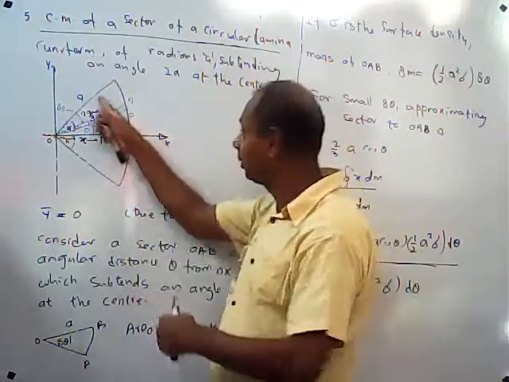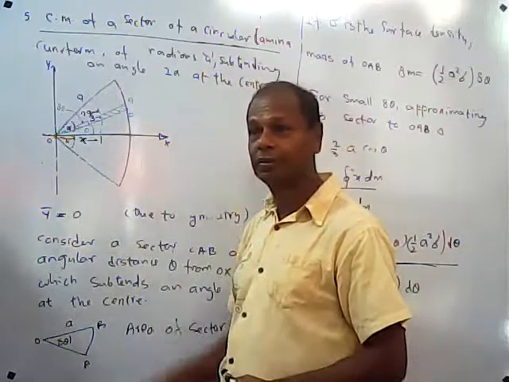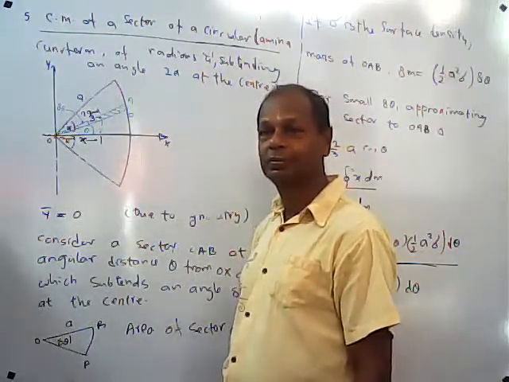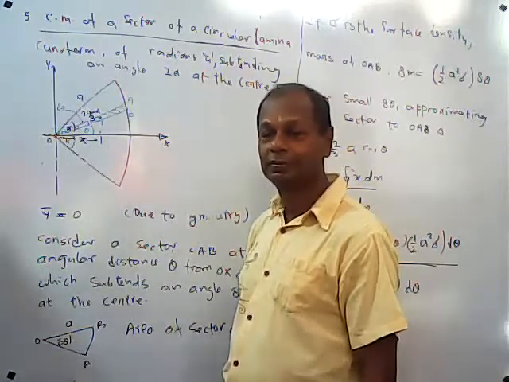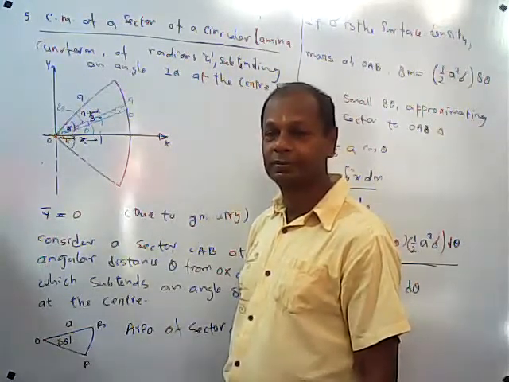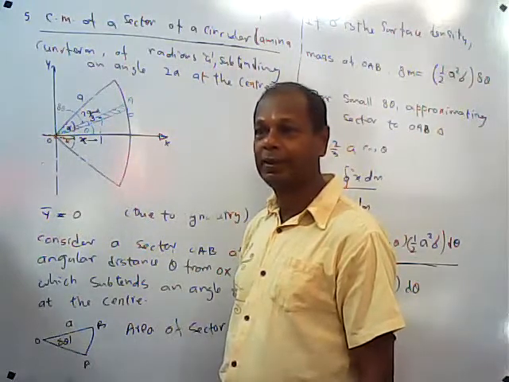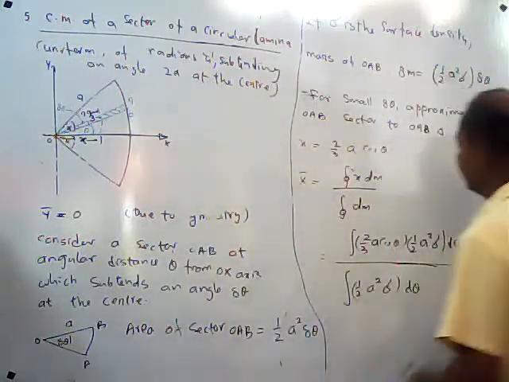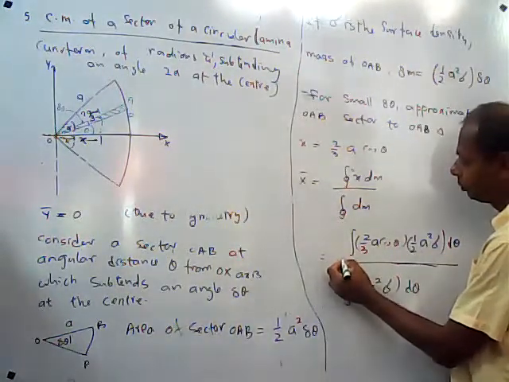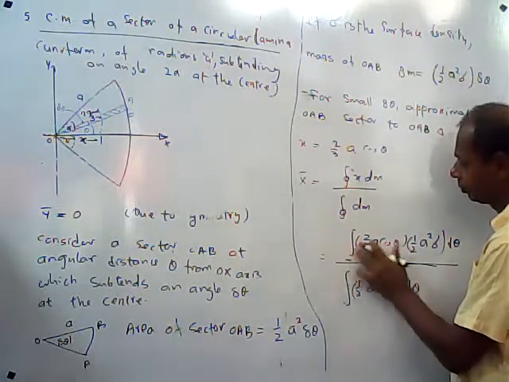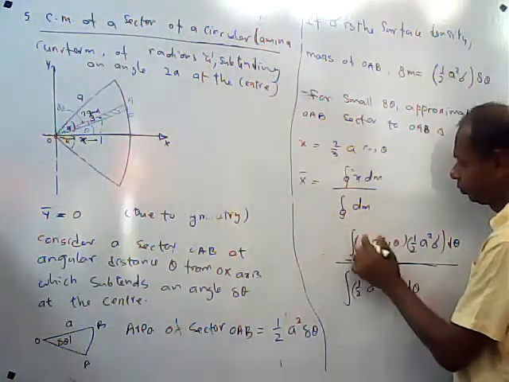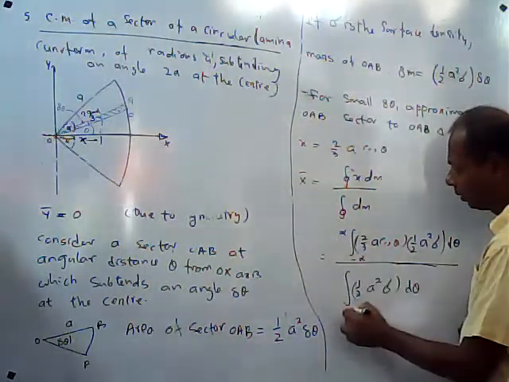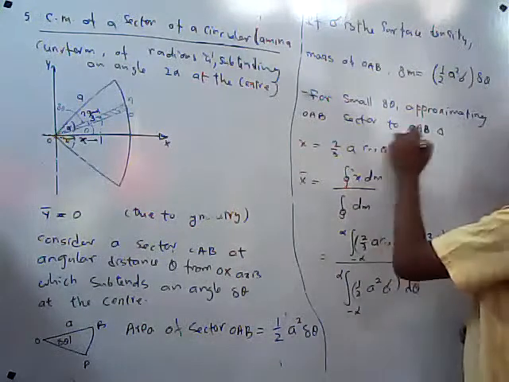Earlier we took both sides, the ring. It goes from minus alpha to plus alpha.